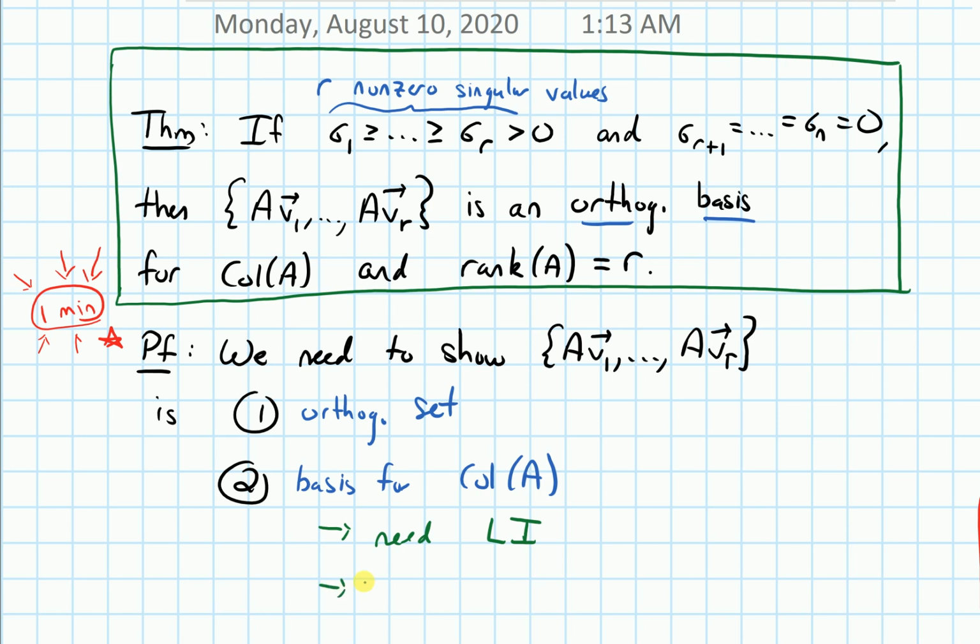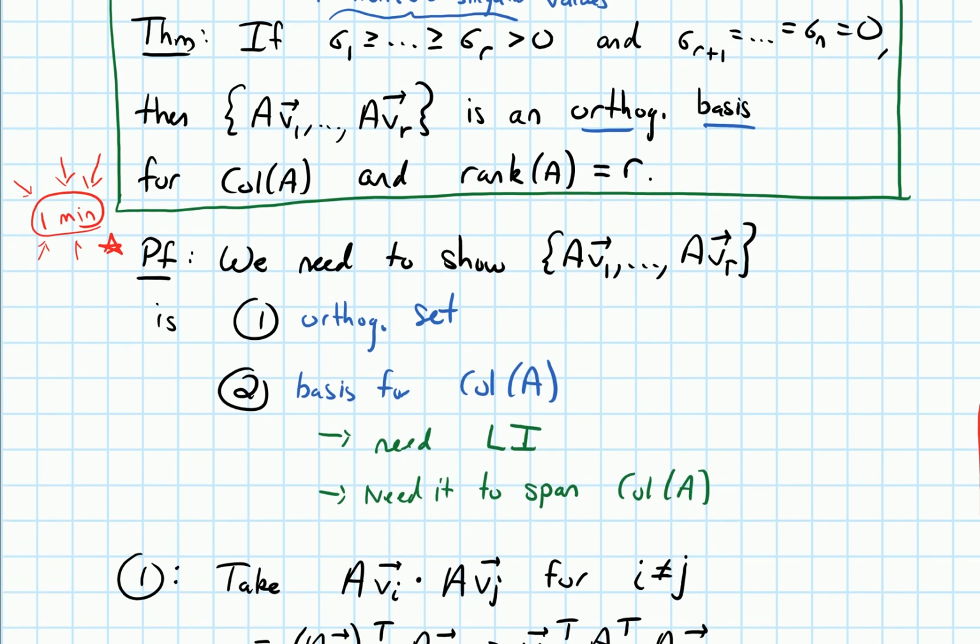And the second thing is we need this set to span whatever vector space we're talking about, in this case the column space of A. All right, so let's first establish one. Let's show that this is an orthogonal set.